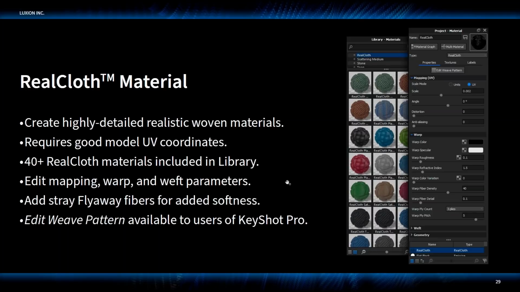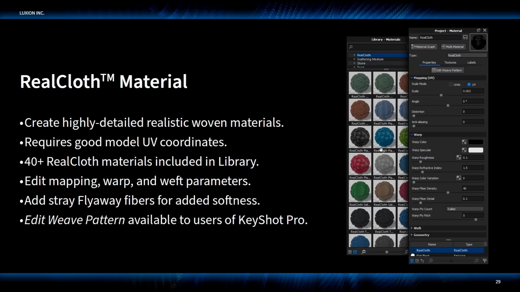The RealCloth material allows you to create highly detailed, realistic woven materials, and this is a pretty cool feature. It is quite advanced. As you can see, there are a lot of parameters that you can use to adjust, but of course we've provided a number of presets in the library that you can use as a starting point. We have over 40 new materials in the library that were created using the RealCloth material.